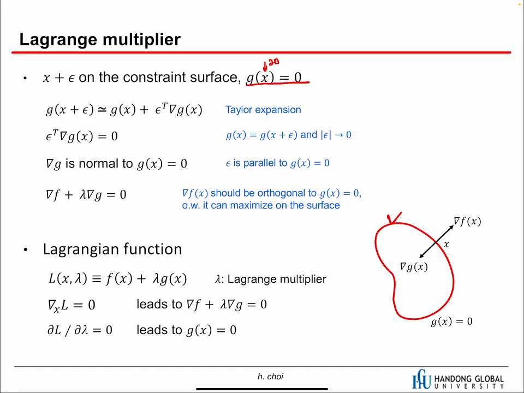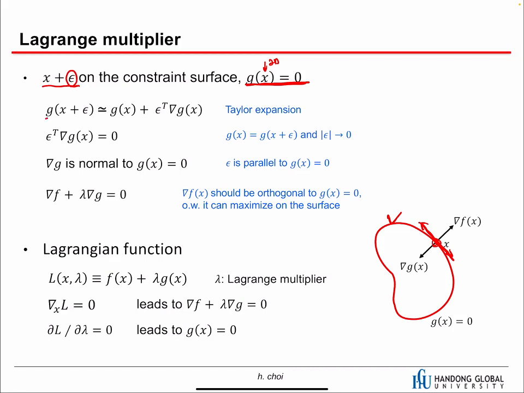Given this constraint, we want to move slightly. This is x on the surface, and we want to move slightly on this surface in this direction or this direction; either way will be fine. So we have x plus epsilon, and in this case epsilon is also a vector, right?